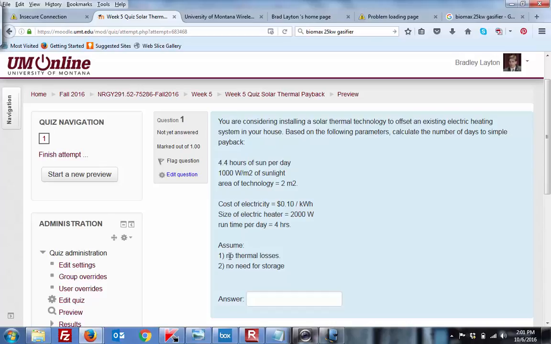And let's see, so I'm going to assume that there are no thermal losses in either one of these. All the energy goes into useful heat, and that you're not storing it. The other thing I did not do, I just assumed that this thing is just kind of running 24/7.